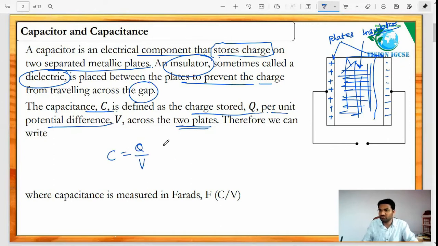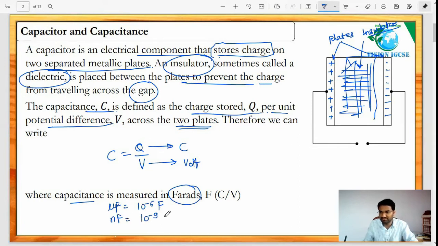The unit for charge is coulomb, the unit for potential difference is volt, and the unit for capacitance is farad. A microfarad is 10 raised to negative 6 farad, a nanofarad is 10 raised to negative 9 farad, and a picofarad is 10 raised to negative 12 farad. Sometimes they use these units in examples, so you must know the units of capacitance.